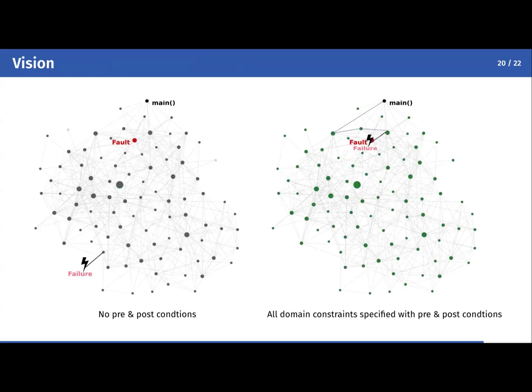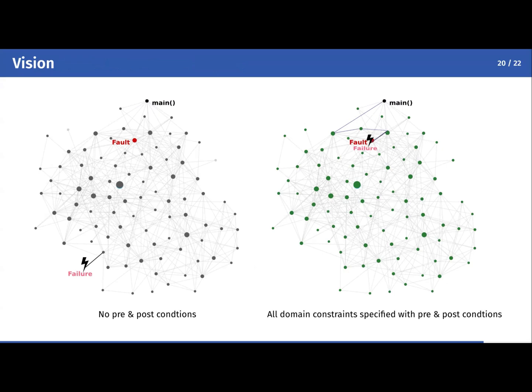Now I want to zoom out a little bit. If you have a program that has a mistake, you usually have some point in the call graph where you make the mistake, and later on this mistake propagates through the program, and then suddenly you notice that the program doesn't do what you want. There's a failure.